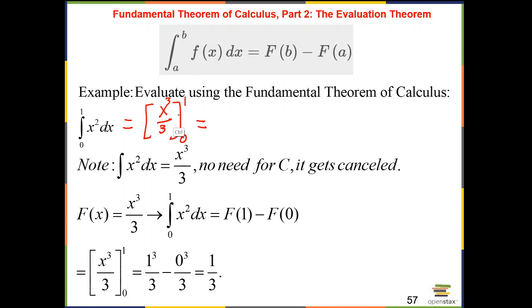That means evaluate this at 1, and then subtract the same function evaluated at 0. That's what this notation means, right? It means put 1 for the variable here first, and then minus is part of the formula, and then put the 0 in there, and then do the operations.